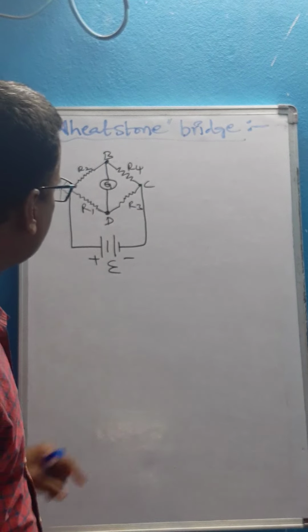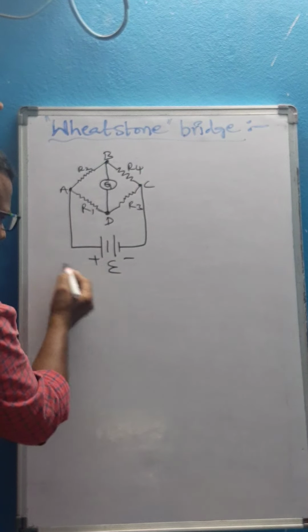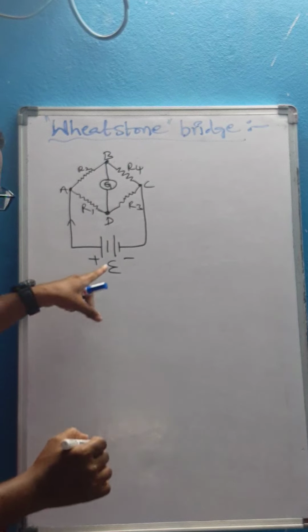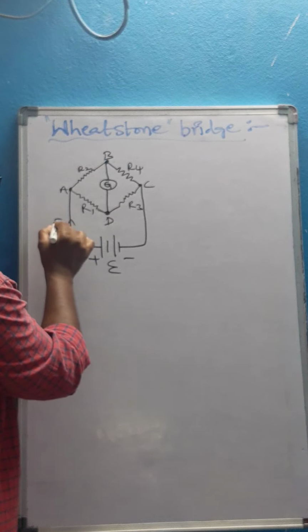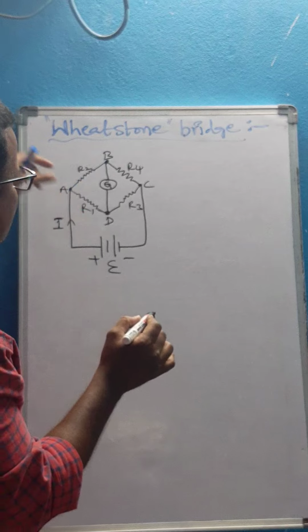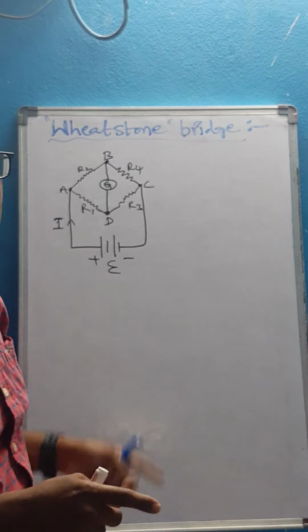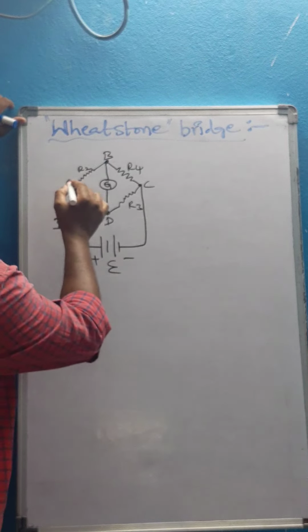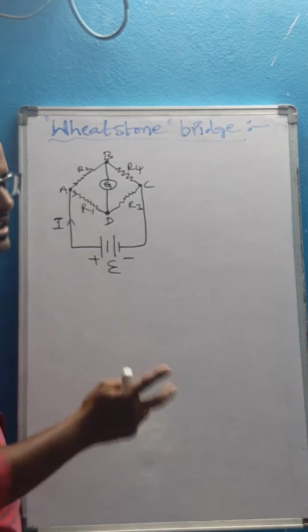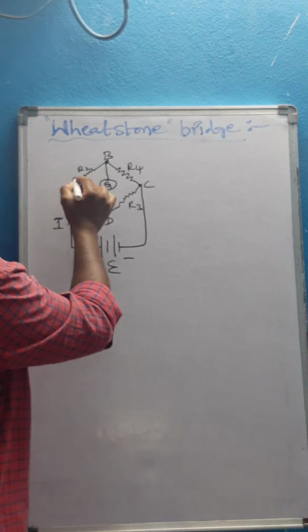Here from the positive terminal, the current passes in this direction, and at junction A there are 2 ways, so the current splits into 2 directions.